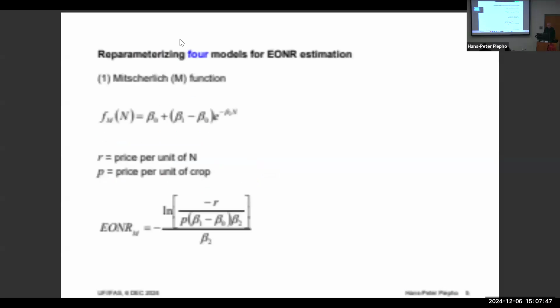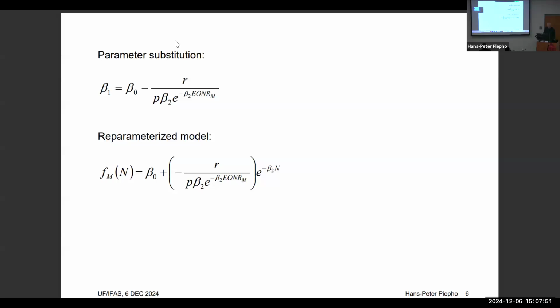We can take this equation for the economic optimum rate and rearrange it to get an equation for any one of the parameters of the model, such as beta 1 in this case, and then plug that into the original equation. Then we have eliminated beta 1 and replaced it with the economic optimum rate as a parameter of the model. And then we get the estimate of that parameter directly, the parameter of interest, including standard error and confidence interval and whatever we want to do in terms of inference.